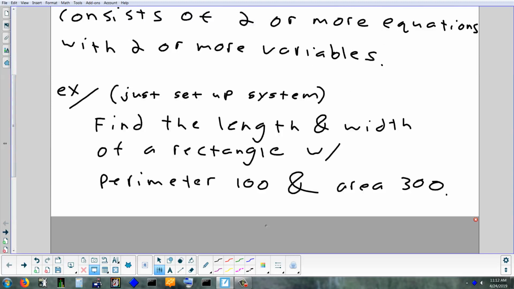So pretty straightforward problem. They want you to find the length and width of a rectangle. And they tell you a couple facts. The perimeter is 100, and the area is 300. So all we're going to do is set up a system. So I'm looking for two equations, and I'm looking for two letters in each equation.